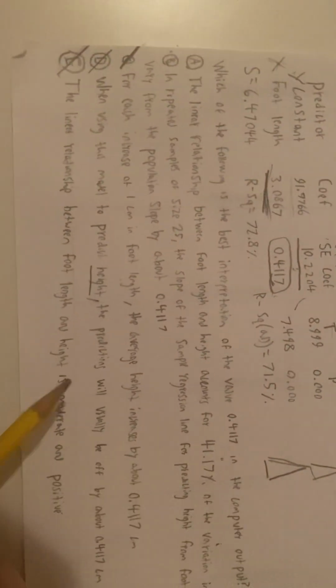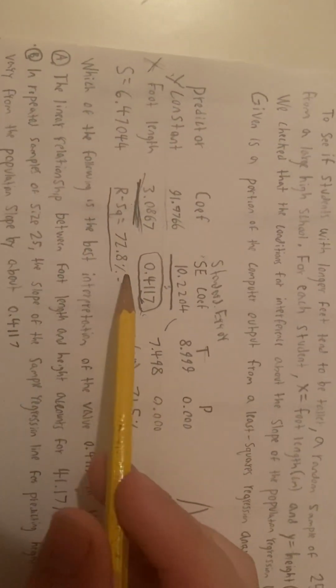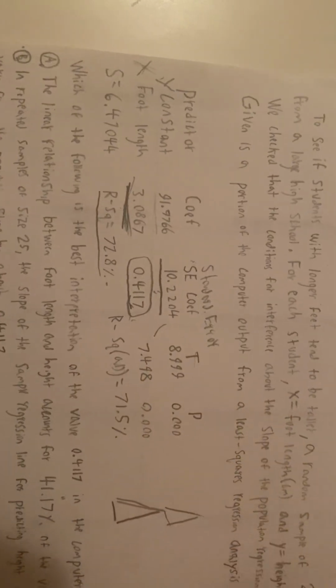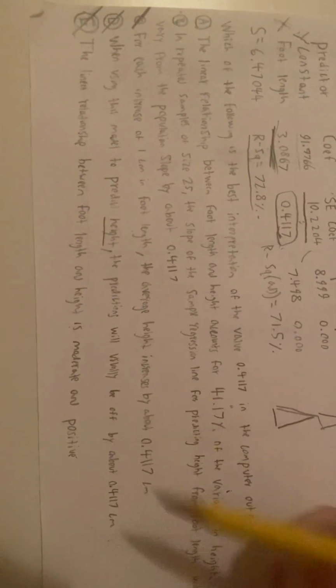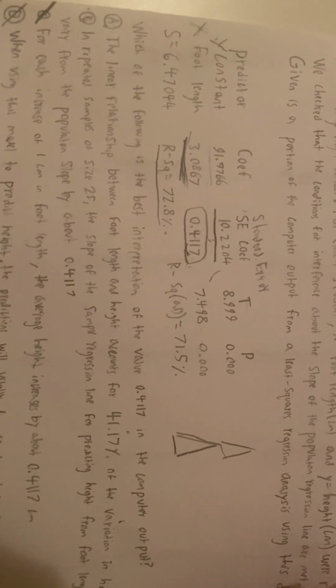Also, I didn't talk about this in letter E, but if you look down here, R squared tells us the strength of the relationship between these two variables. R squared tells us there's 72.8%, which is moderate variation, sorry.